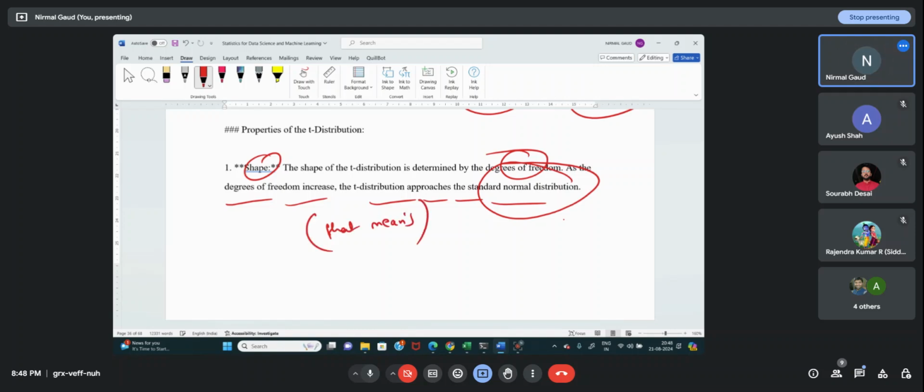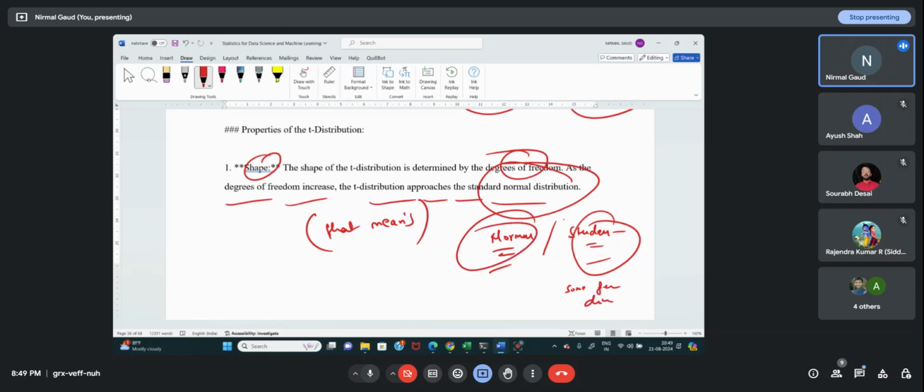understand it carefully. I told you that the difference between normal and student t is that normal is used when you have data with so many features available in it, while student t is applied to a small sample of data. So this is a big sample, this is a small sample. A small sample means you have only some features, some dimensions only.